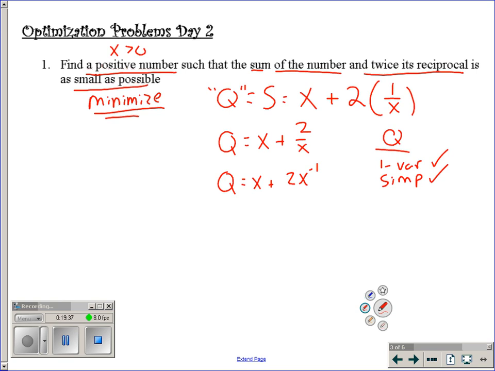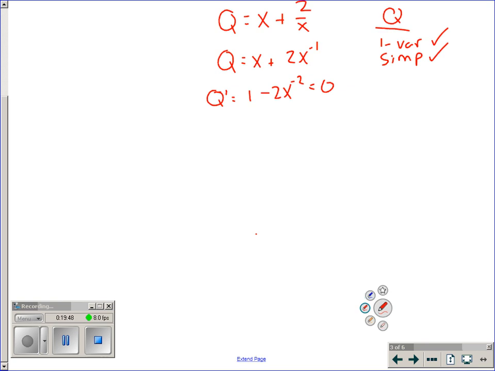So I'm going to take the derivative. Q prime equals 1 minus 2x to the negative second equals 0. And solving for that is not too bad at all, right? We get 1 equals 2 over x squared, so x squared equals 2, and x equals plus or minus square root of 2.